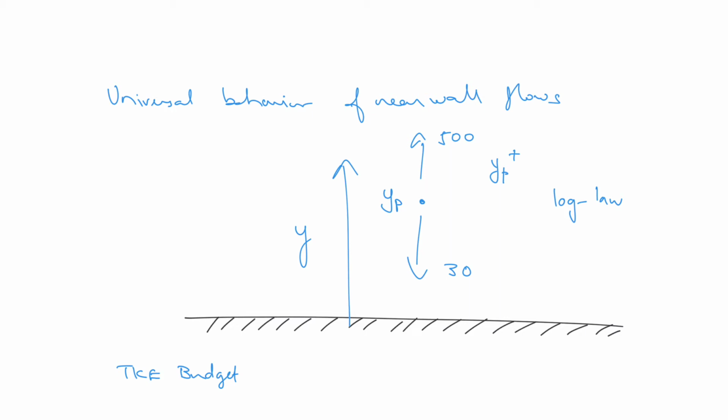If you find the turbulent kinetic energy budget at this point, it should tell that the rate of production equals the rate of dissipation. That's the point we should arrive at. If we arrive at this, it can be used to develop the wall function which we defined above.